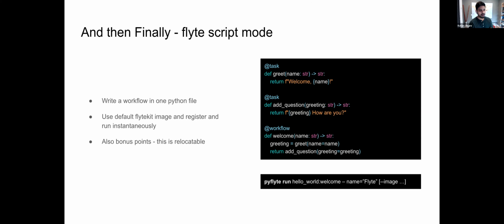Another thing is, if you have a large enough project like Flyte Stacks, you can make PyFlyte run fully relocatable: go to any folder, anywhere, run PyFlyte run for that file, and boom, it just runs. So that's the goal we are going with. It will come through a couple of iterations, but we are thinking that the first version will be out pretty soon.